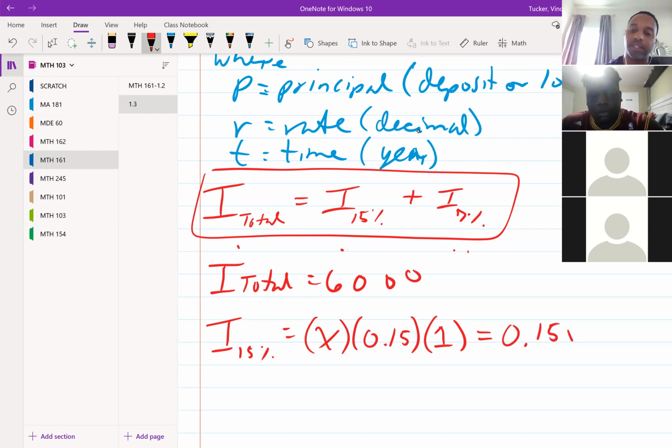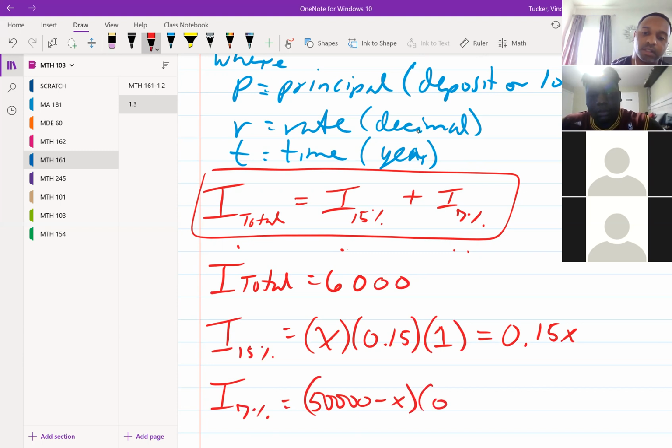So that's 0.15x. And then for the 7%, P was 50,000 minus x, times 0.07, times that 1 year.